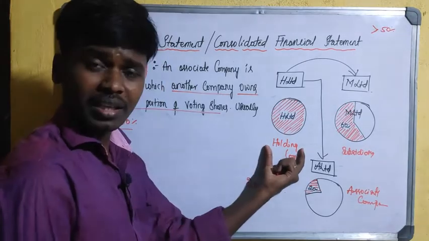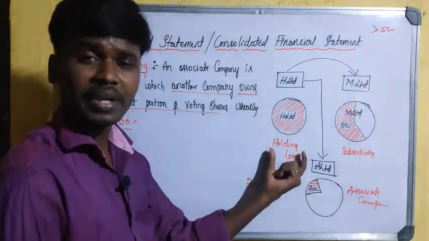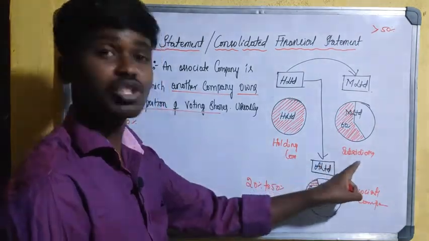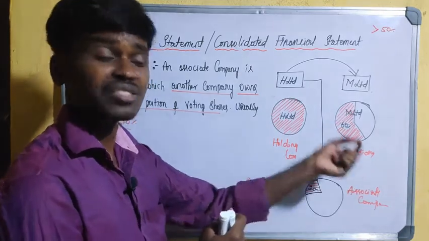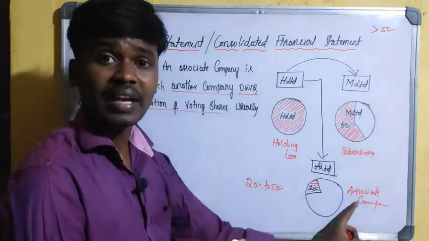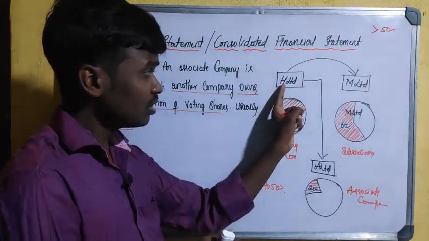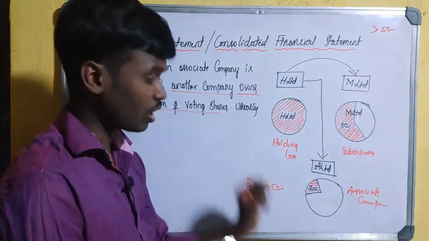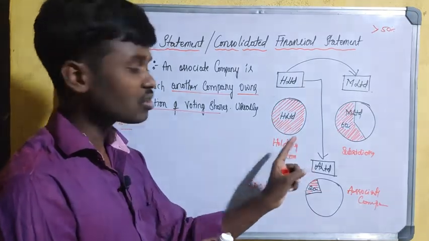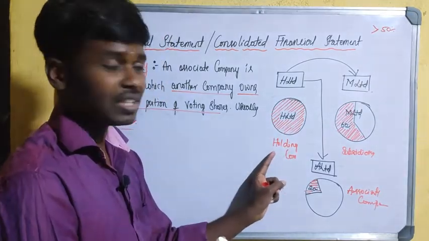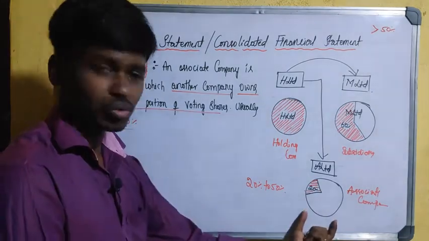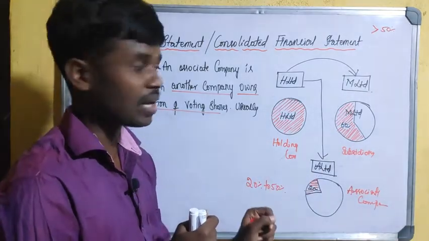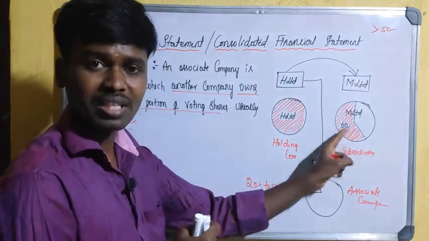So when preparing the consolidated financial statement, the holding company or parent company will consider the financial statements of the subsidiary company and consolidate them, but not an associate company, because the holding company invests only 20 to 50% of share capital in an associate. Therefore, it does not consider the financial statements of the associate company, but only consolidates the financial statements of the subsidiary company, because the holding company has a majority of share capital in the subsidiary company.